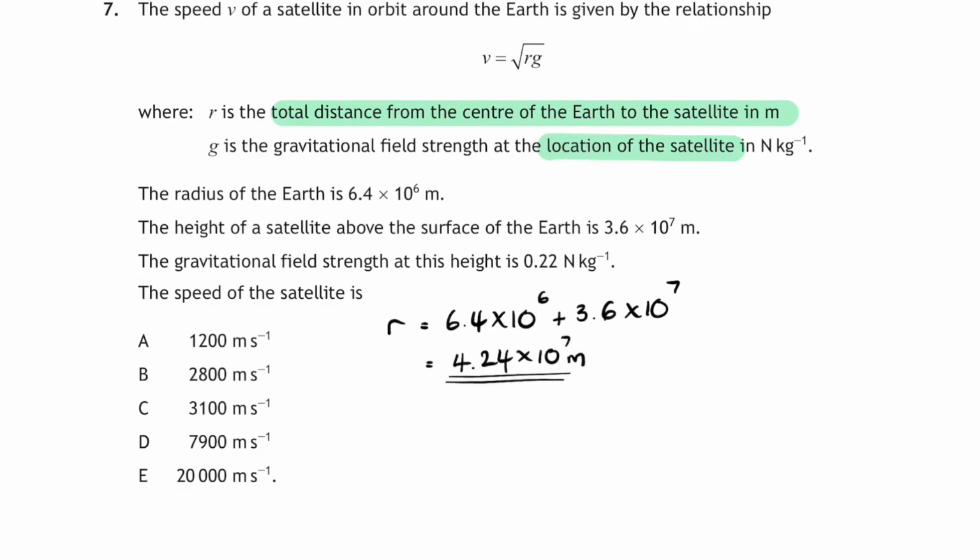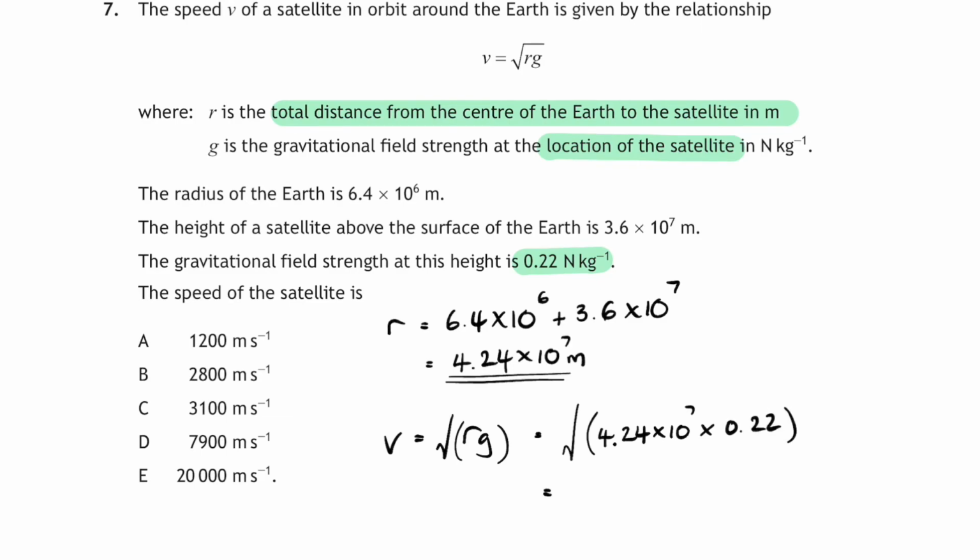That gives us 4.24 times 10 to the 7. And don't round that, because we then have to do v equals the square root of r times g, which is square root of 4.24 times 10 to the 7 times the gravitational field strength at the location of the satellite. Now don't put 9.8 in there, because that satellite in orbit is at a location where the gravitational field strength is only 0.22 newtons per kilogram.